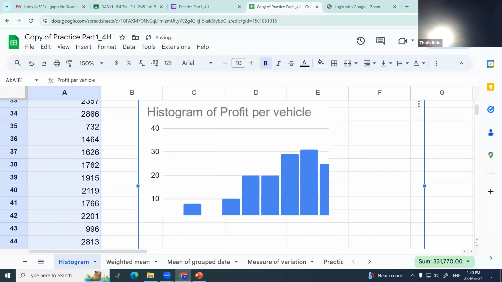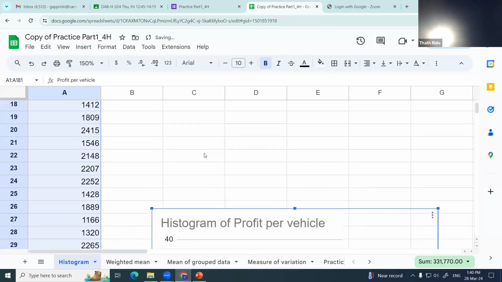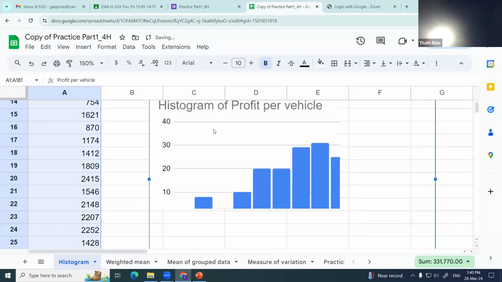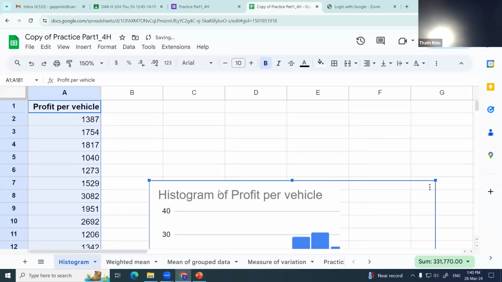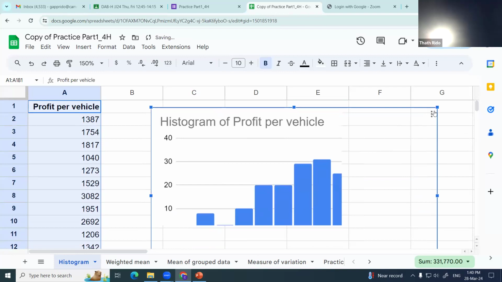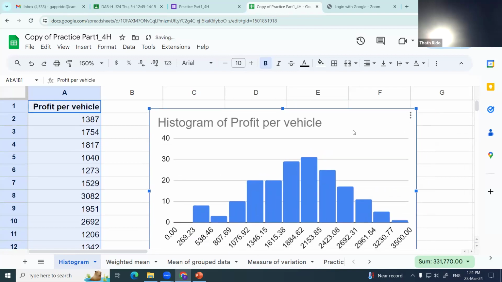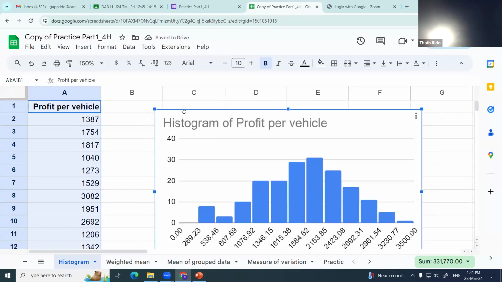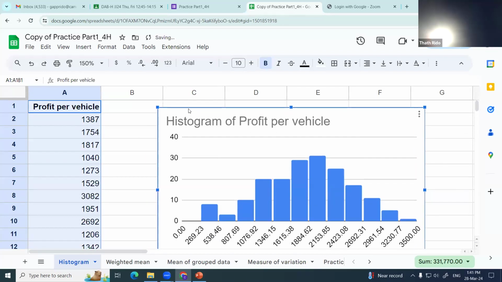So we see that this histogram is not the histogram we want, because we want to make the histogram like in the lecture note, which has 7 classes, meaning 7 columns, 7 vertical bars. In this case we count 1 2 3 4 5 6 7 8 9 10 11 12 13, so it's not what we want.